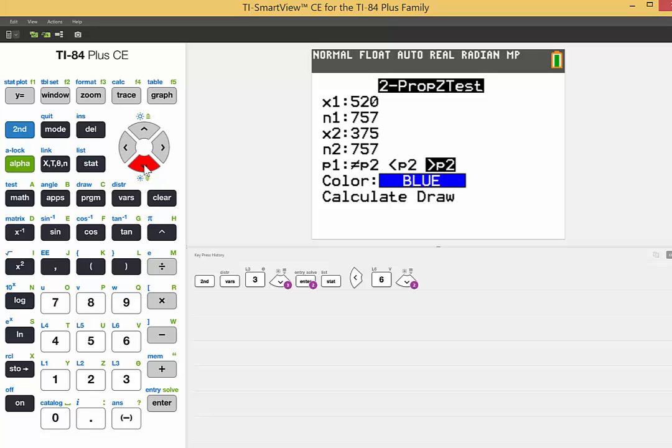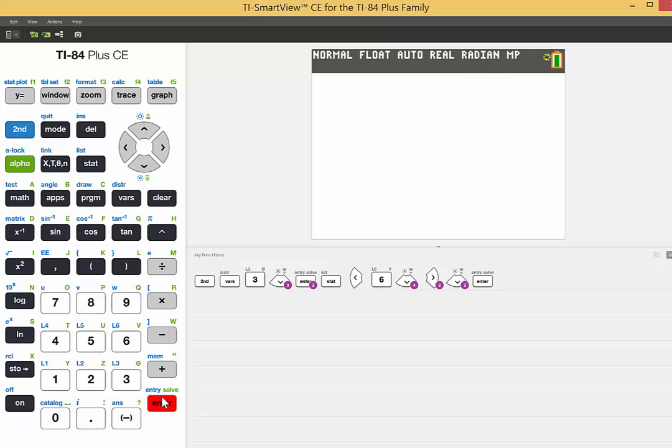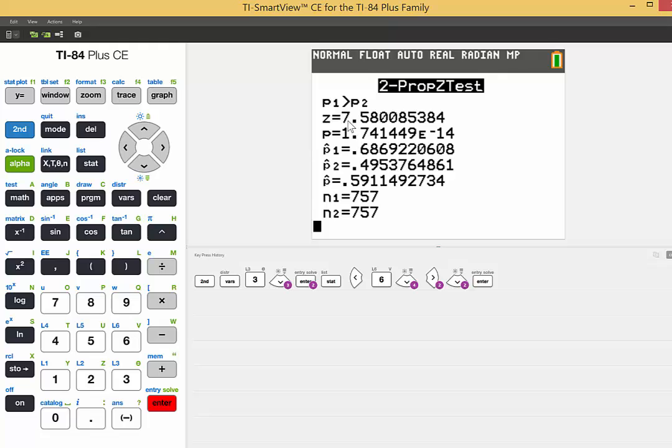And then group 2, 375 and 757. We want to make sure that we get the direction of the alternative hypothesis correct on this line. Remember that this could be stated as p1 greater than p2, so since it's a right-tailed test, we'll choose greater than. We'll come down and hit calculate, and we get a z-test value of 7.580 if we round to 3 decimal places.